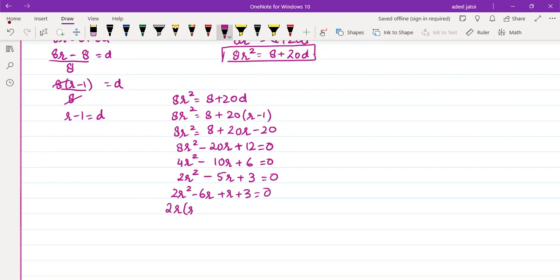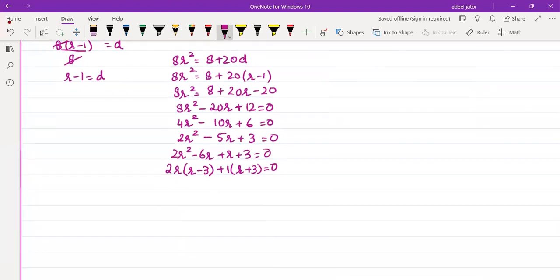But we need to consider whether there can be any other factors, since 2 and 3 can also be factors of 6: 2R square minus 2R minus 3R plus 3 is equal to 0.